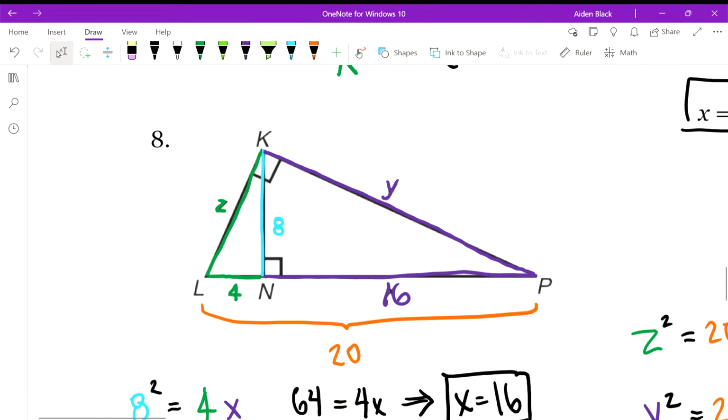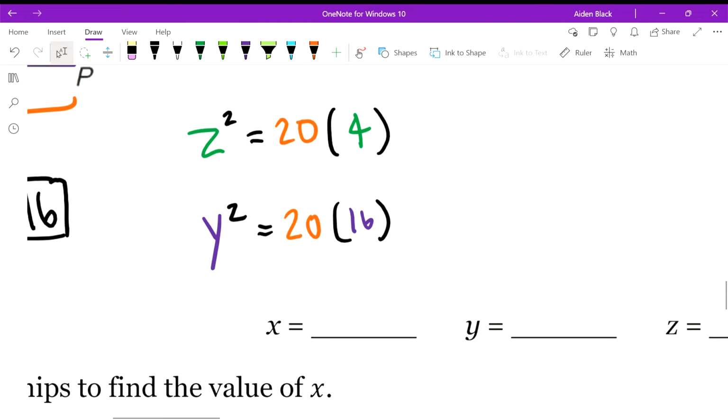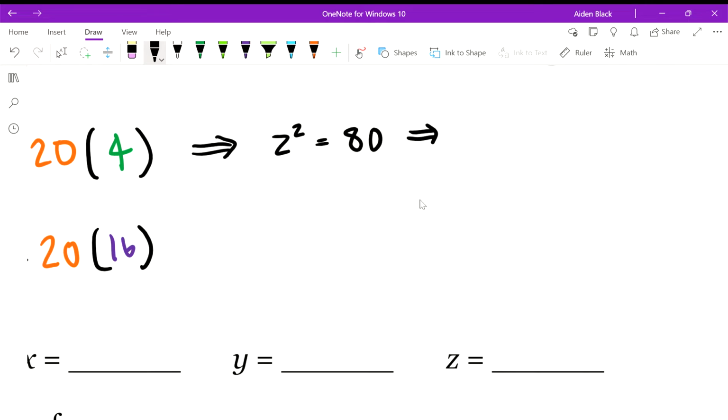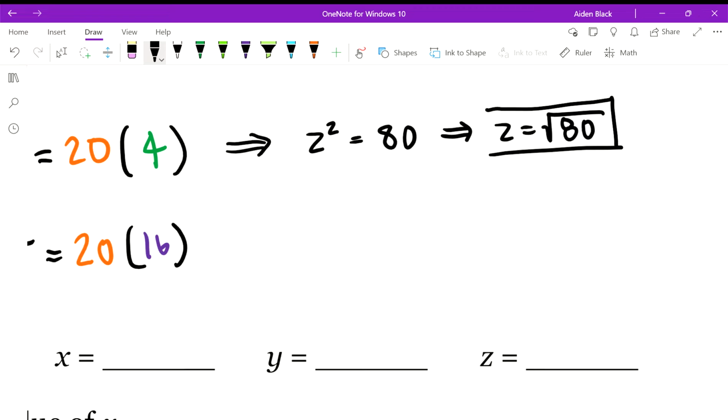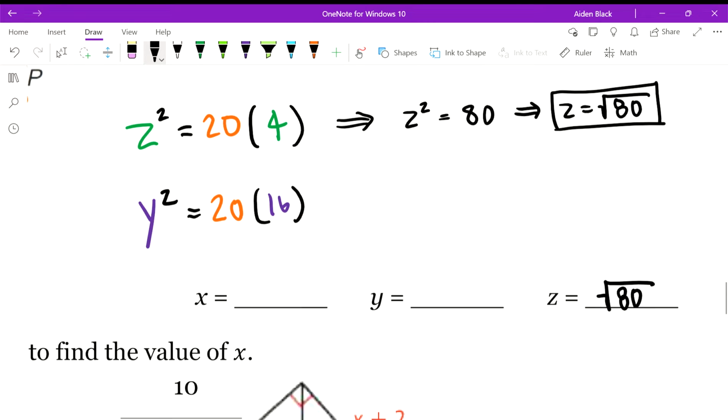For example, z and 4, and then in the other one, y and 16. So z squared is equal to 20 times 4, is that 80? Again, this is the answer. You can reduce it, and it would be good for you to practice that, but at the end of the day, I need you to find just that.